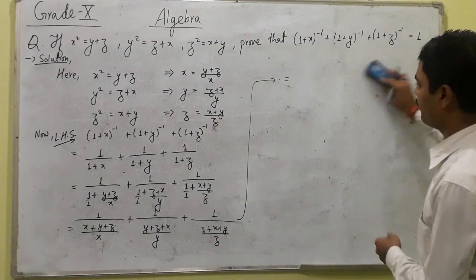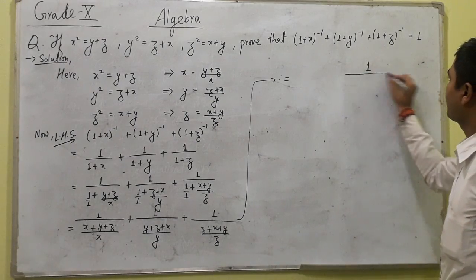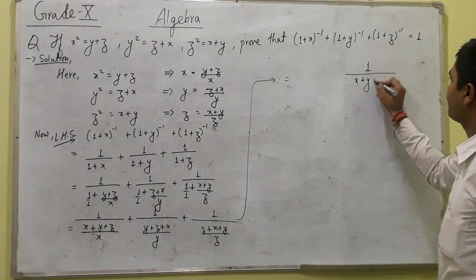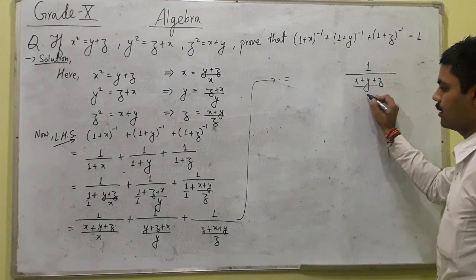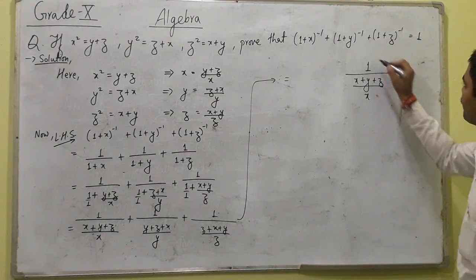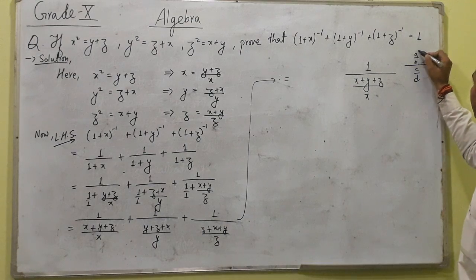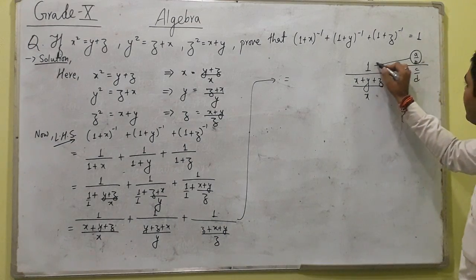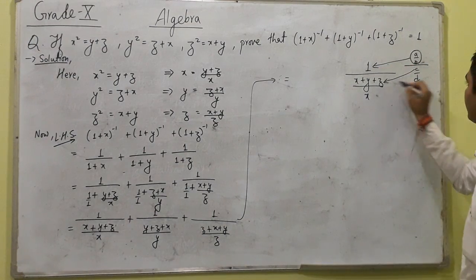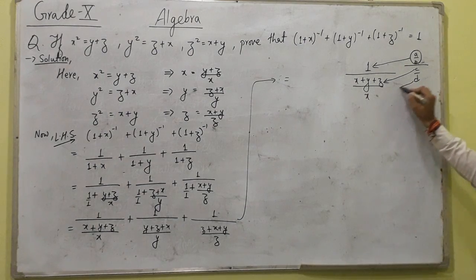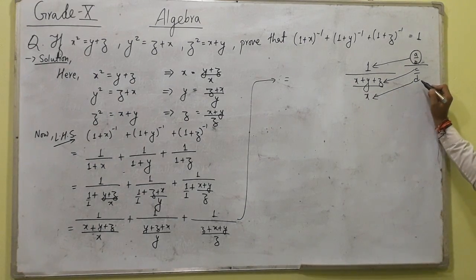In the same way, here is the question: 1 upon x plus y plus z upon x. It means the term like a upon b upon c upon d, where a upon b as a whole is written as 1, c is the lower numerator and d is the lower denominator.